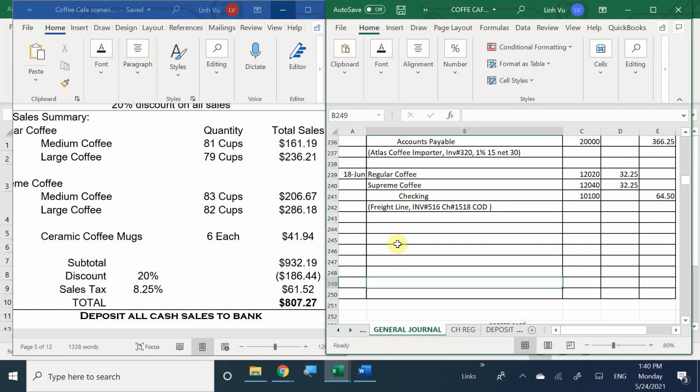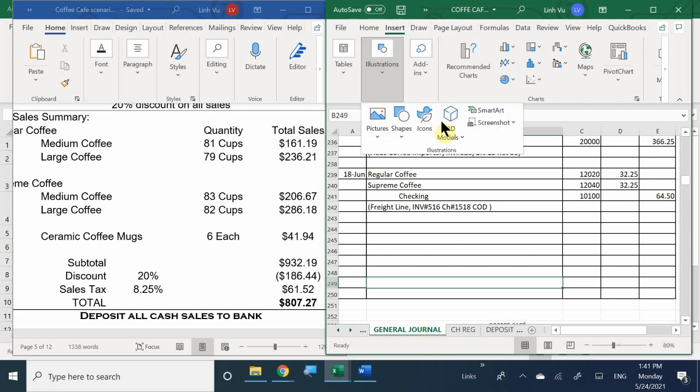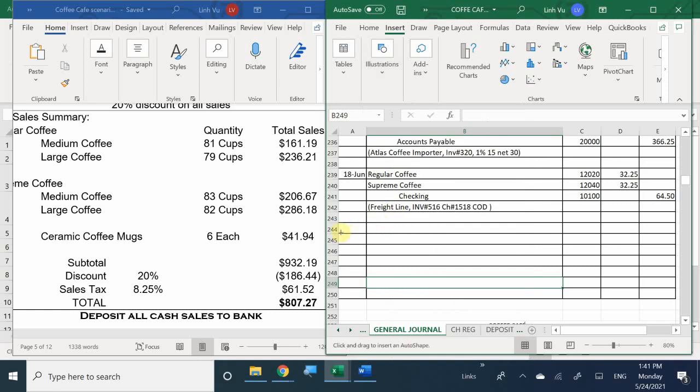All right, so what I want you to do to prevent the fraud is to draw a line between these empty spaces and the empty cells here. So what I like to do is go up to insert. All right, go to illustrations, and I like to go to shapes and pick any line from there.